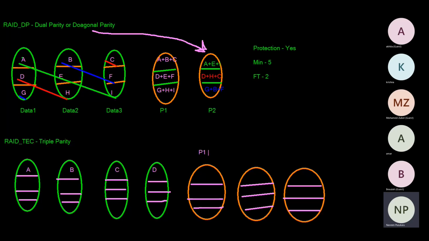In RAID TEC, we'll be having 3 parities, and all these are data drives, D1, D2, D3, and D4. So in P1, normally it is a parallel parity, right? That means A plus B plus C plus D. And you know P2 also, but we'll do P2 a little later.